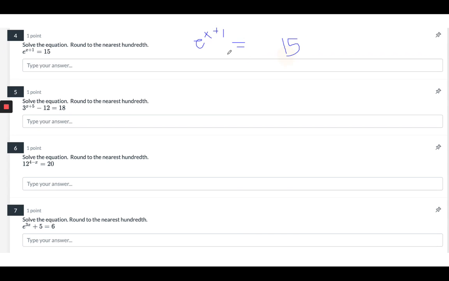I'm going to use natural log base e, because what's going to happen here is when I use my power property, which would bring this x plus 1 down from the exponent, equals the natural log of e, this is equal to 1, so that can go away. So what I'm left with here is that x plus 1 is equal to the natural log of 15.